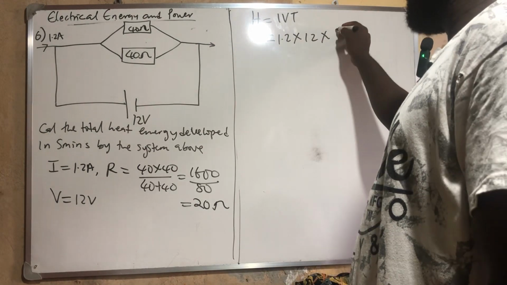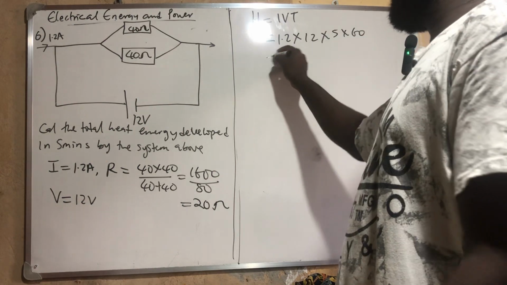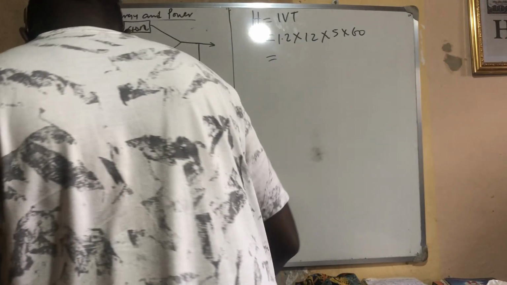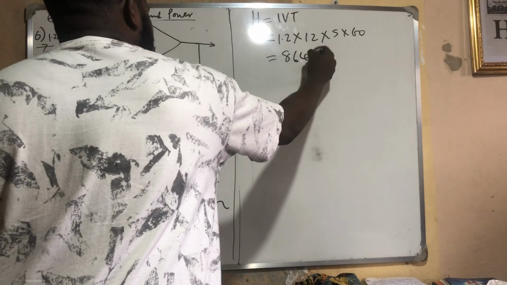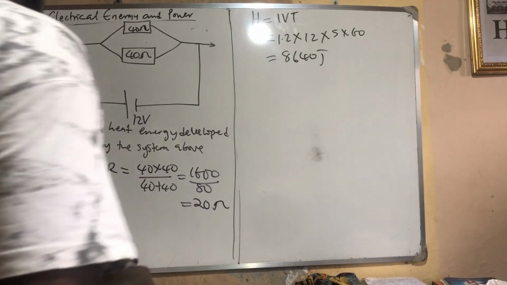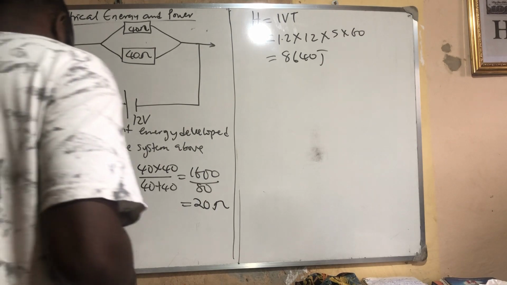The time they gave me is 5 minutes, that is 5 times 60. So if you do everything, you are going to get 8640 joules.